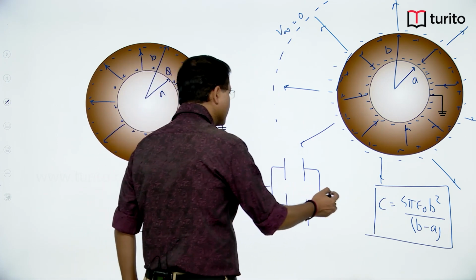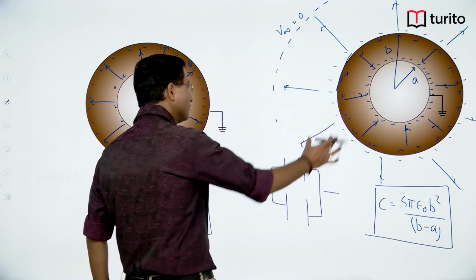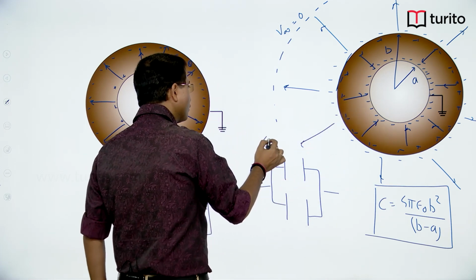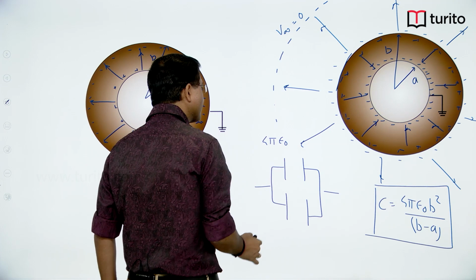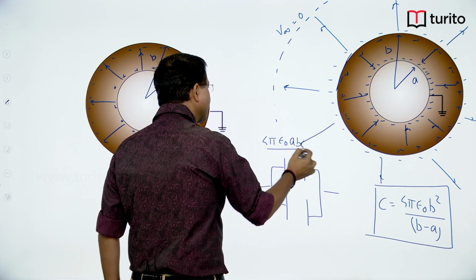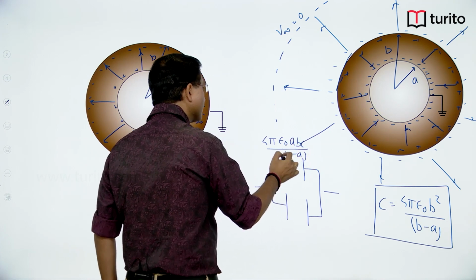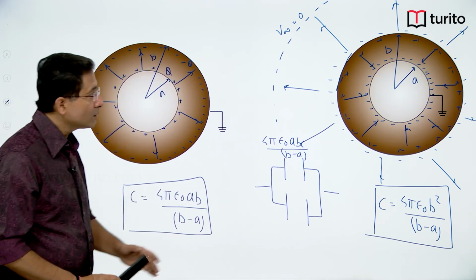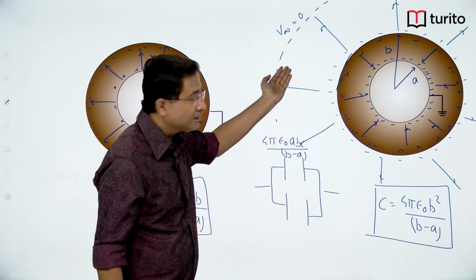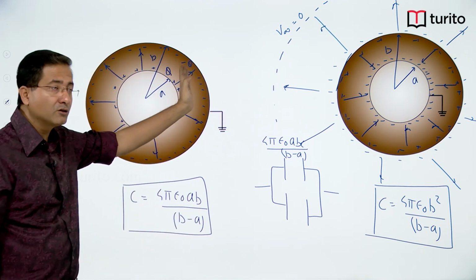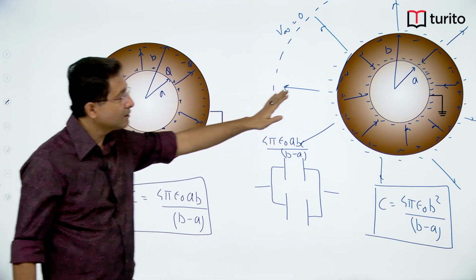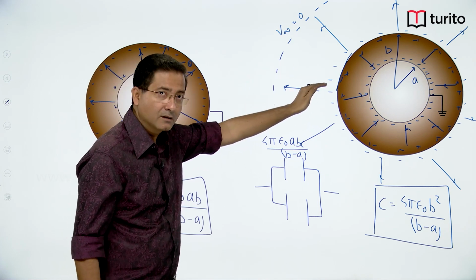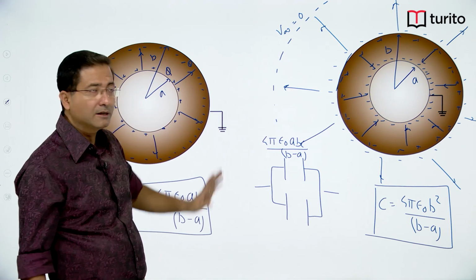So, the one we have here, which is representing this space, will have capacitance 4 pi epsilon naught AB divided by B minus A, right, and the outer surface, which in the previous case was not contributing to capacitance, starts contributing to capacitance and behaving as an isolated capacitor, because the second plate is at infinity.